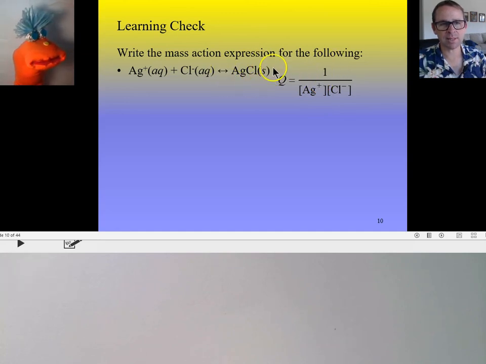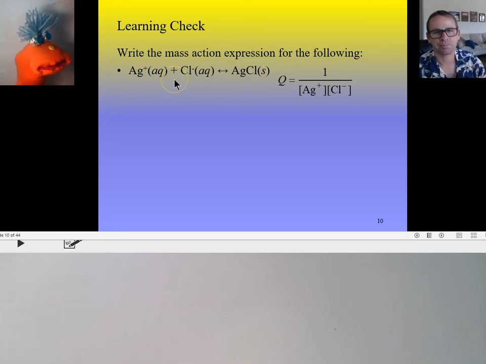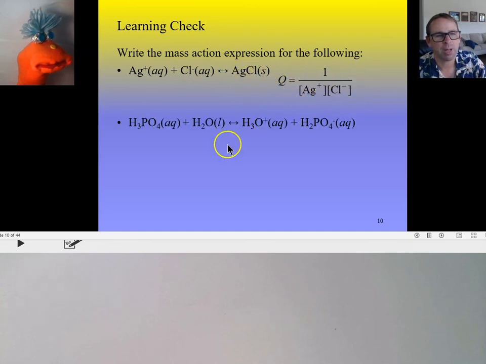So this is a solid. Adding more silver chloride will not increase the rate at which the reaction goes in this direction. Okay, there's already solid hanging around doing nothing, so putting more of it in is not going to make more of this reaction occur. So I just have the reactants on the bottom raised to their coefficients and 1 on the top. Okay, how about this one?